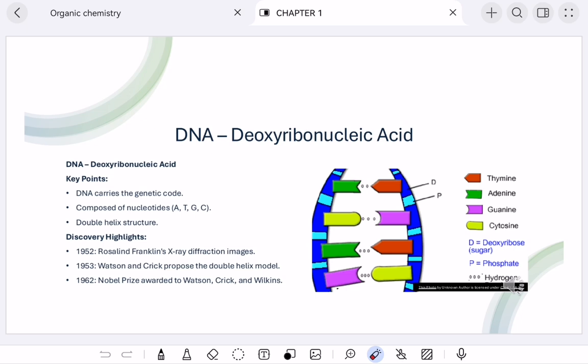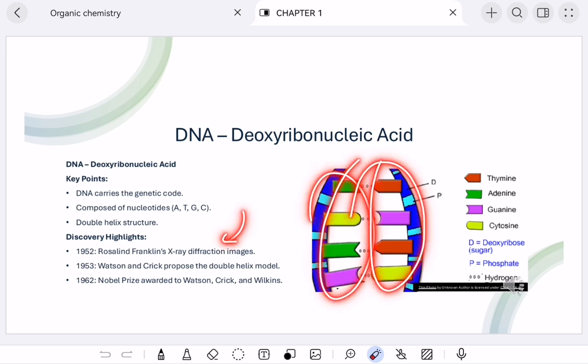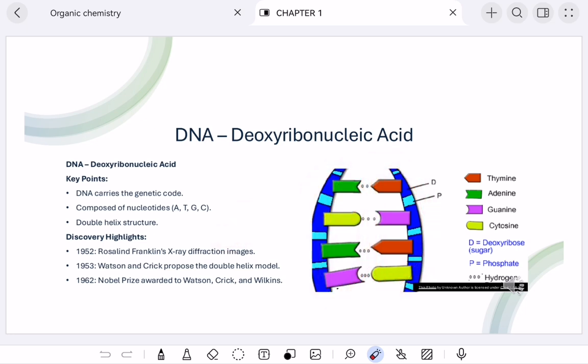So Rosalind was working with Wilkins, and she discovered that DNA is a double helix, right? And this wicked scientist Wilkins, all of a sudden, decided to dislike Rosalind and he betrays her.